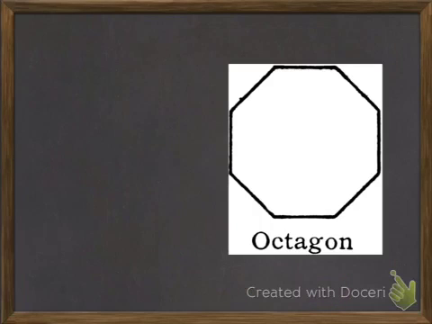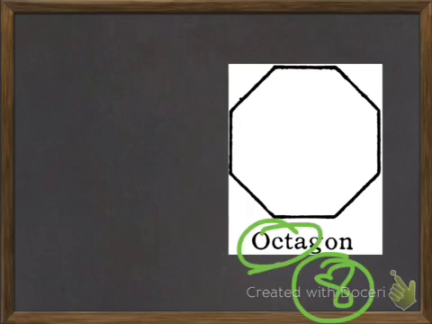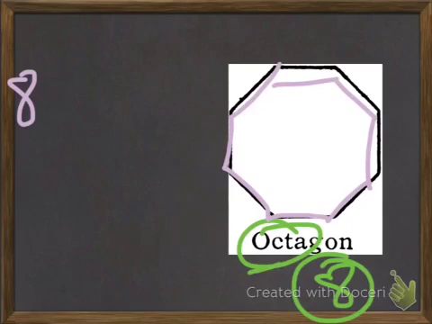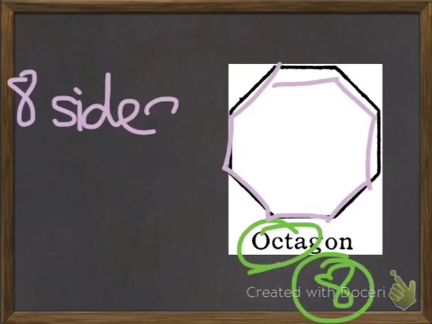Next one, octagon. It sounds like octopus, right? And octa in Latin means eight. Let's double check and count the sides. Let's use purple. 1, 2, 3, 4, 5, 6, 7, 8. 8 sides.